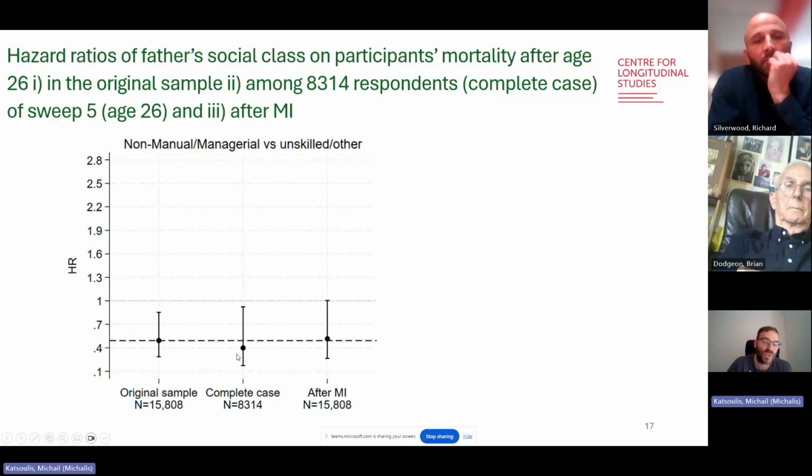So the point estimate goes down among respondents, but you see that among respondents we lose almost half of our initial sample size. And then when we implement multiple imputation by chained equations, we go back to this original sample, but also our point estimate. So when we go from this complete case and we implement multiple imputation using all auxiliary variables, our point estimate is now very, very close to our initial point estimate.